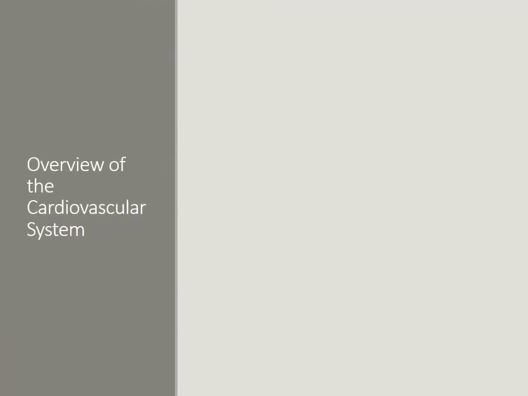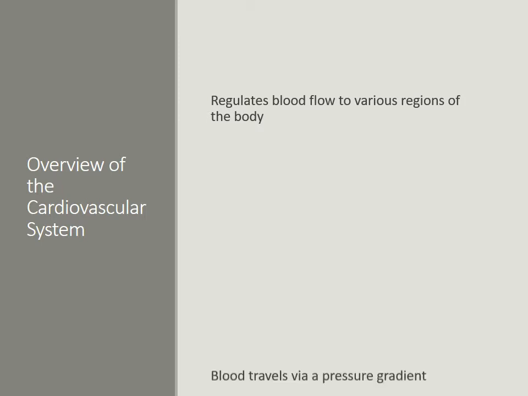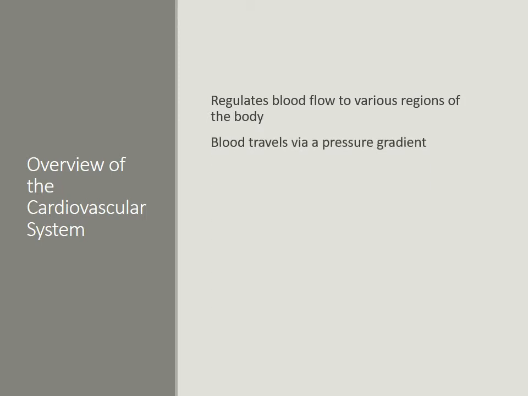Let's look at the cardiovascular system. The cardiovascular system regulates blood flow to various parts of the body. Blood flow generally travels via a pressure gradient, shifting from areas of higher pressure to areas of lower pressure.